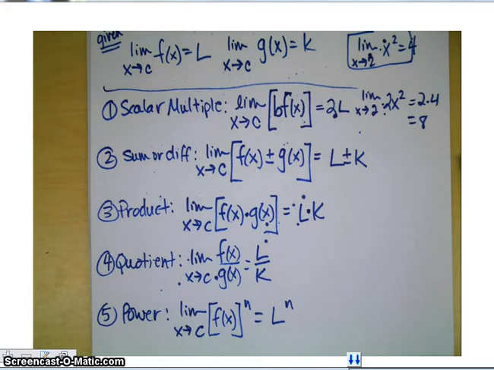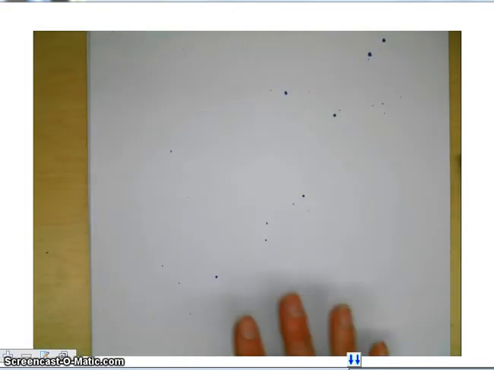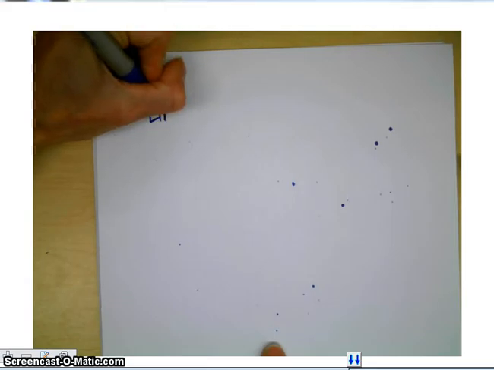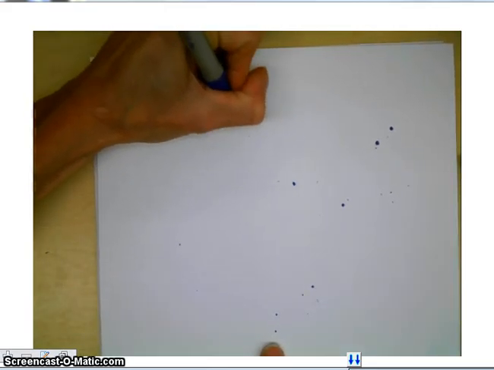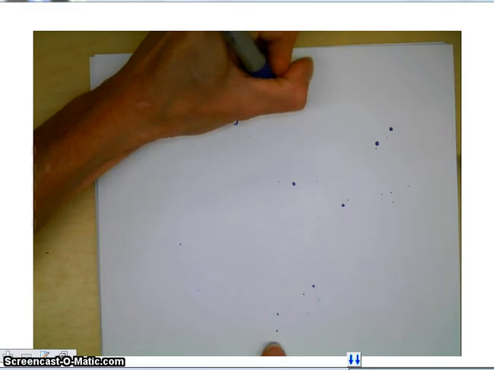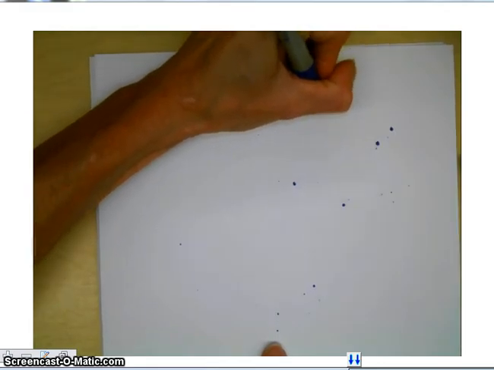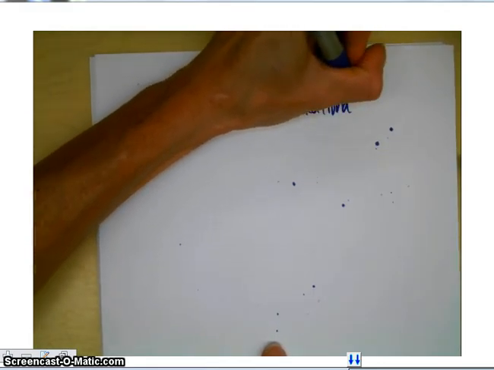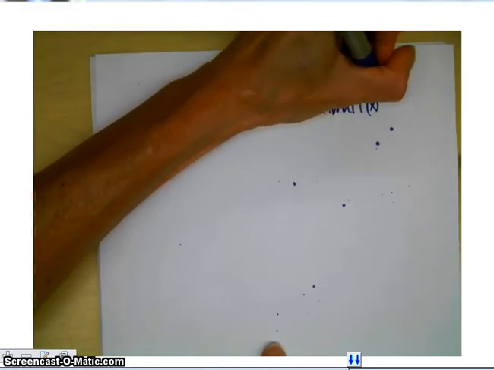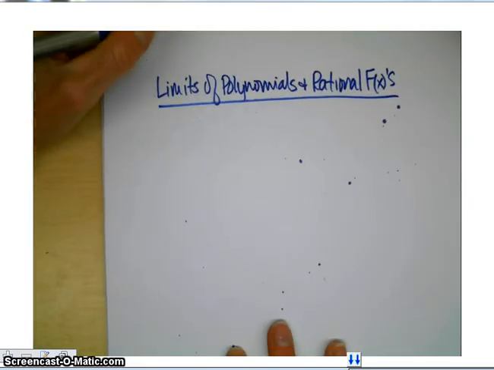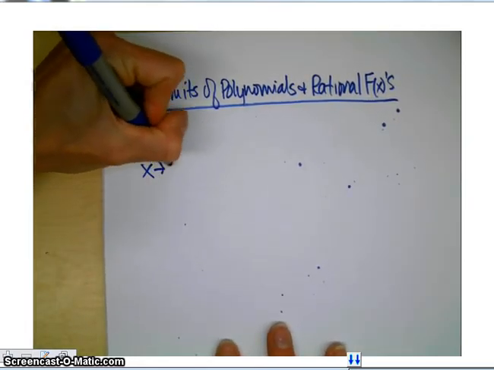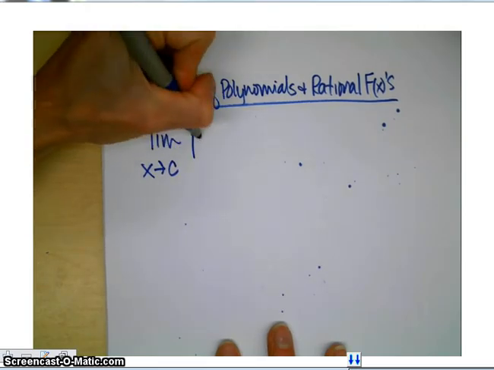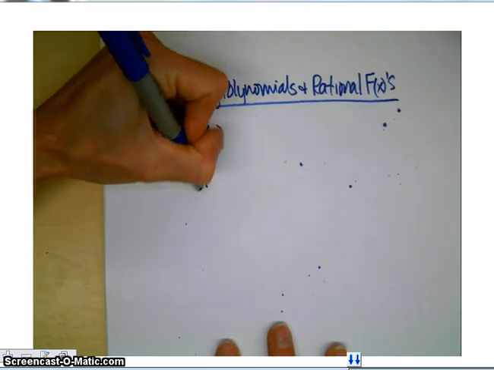All right, so now we have a couple of other little limits of polynomials and rational functions. If I have the limit as x goes to c of p of x, p of x is a polynomial.